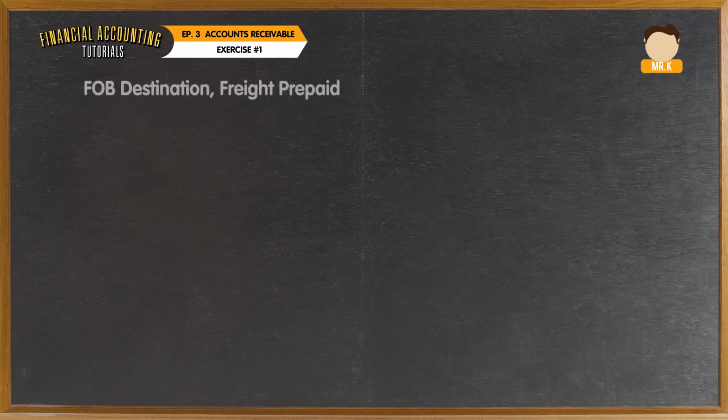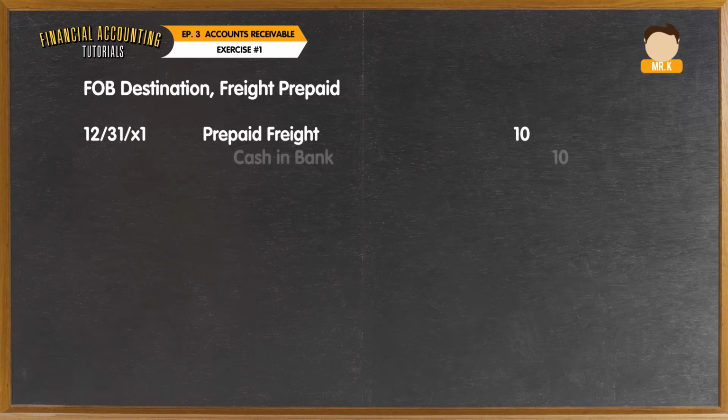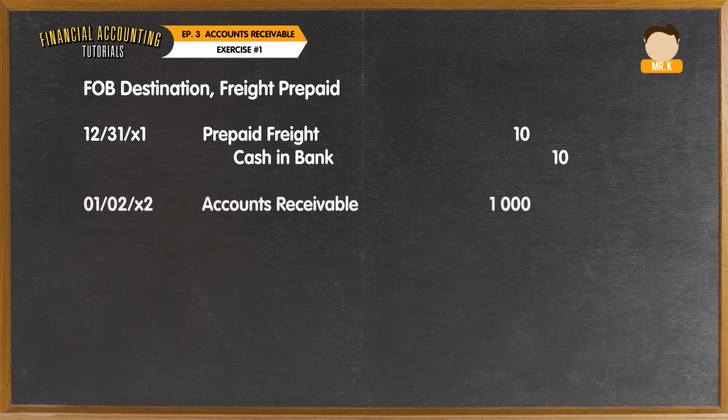For FOB destination and freight prepaid, on December 31, 2011, there would be a debit to prepaid freight and a credit to cash in bank in the amount of 10 pesos. This entry is to record prepayment of freight to the carrier. On January 2, 2012, there would be a debit to accounts receivable and a credit to sales, both in the amount of 1,000 pesos.